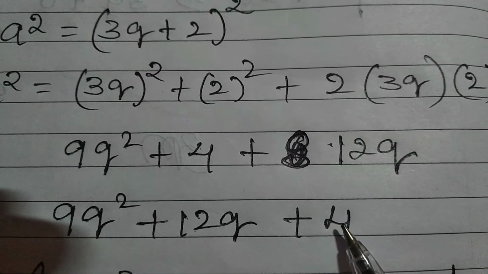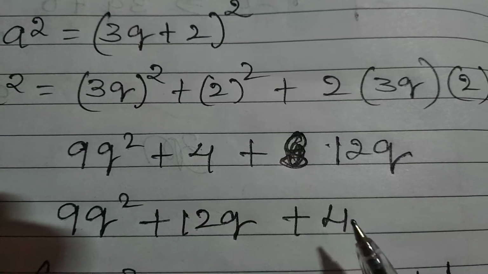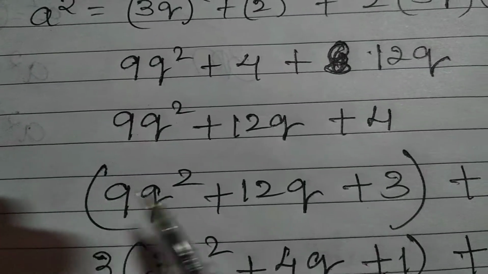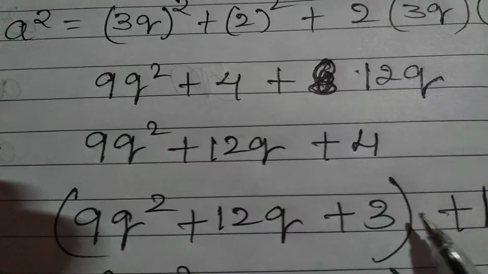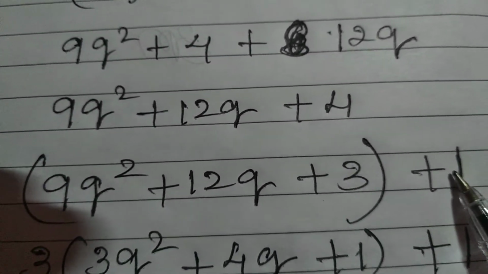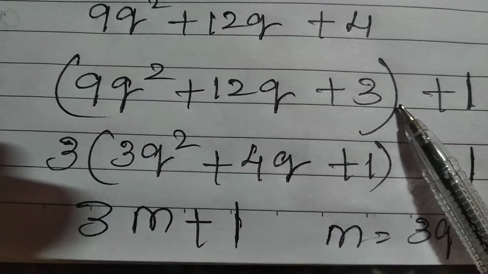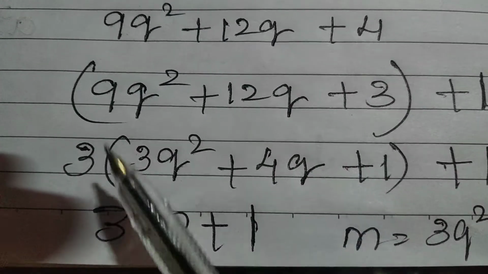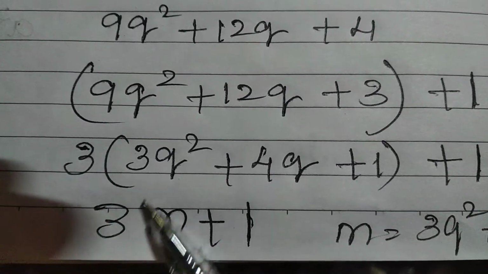See children, here we have 4, but it should be 1, right? 3m plus 1, isn't it? So can we make this 4 as 3 plus 1? Yes, we can. 9q square plus 12q plus 3 plus 1. 4 can be written as 3 plus 1. Anyway, we got 1 here. Now take 3 as a common factor here. 3 3s are 9, 3 4s are 12, 3 1s are 3.